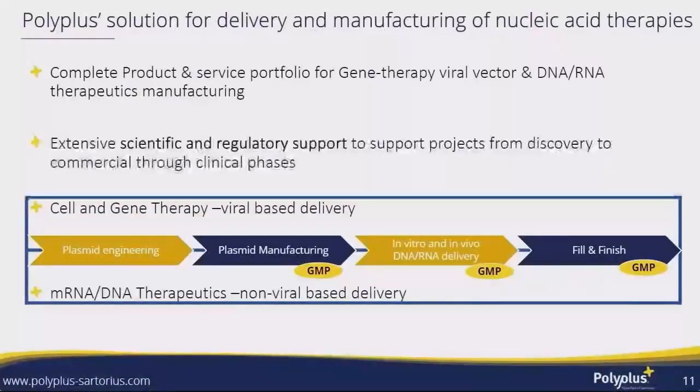But it's not just about the product, which needs to be excellent and of high quality, and that's why we are in the GMP space heavily as well. But also through what I do on a day-to-day basis, which is scientific and regulatory support to our customers to help them move forward.